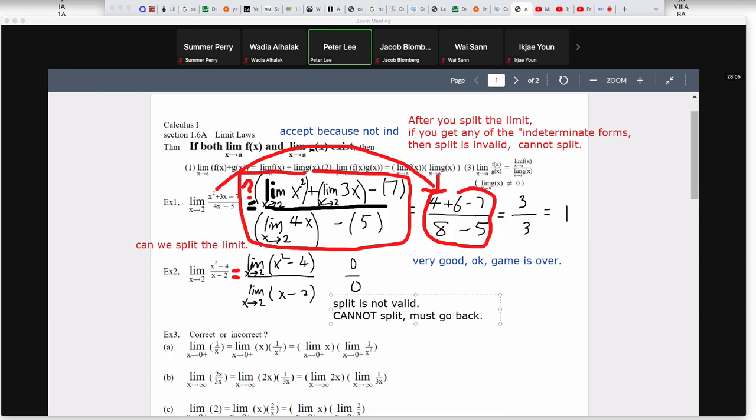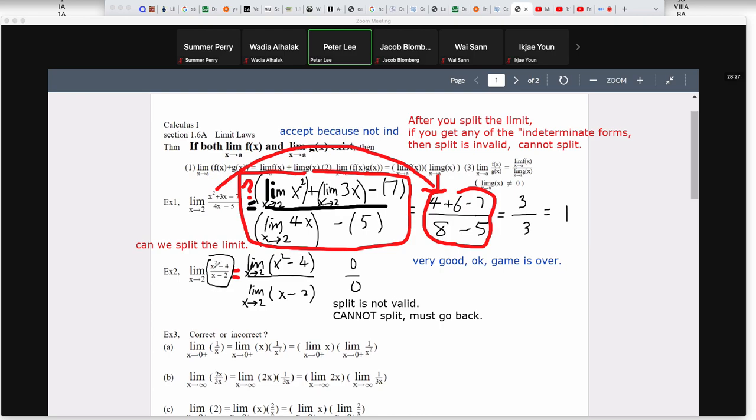So whenever you get into one of those indeterminate forms that we studied, or anything of that sort, then we have to go back. It does not work. So in this case, what do you do then? You don't split the limit. You just have to manipulate this until the limit becomes a non-indeterminate form.